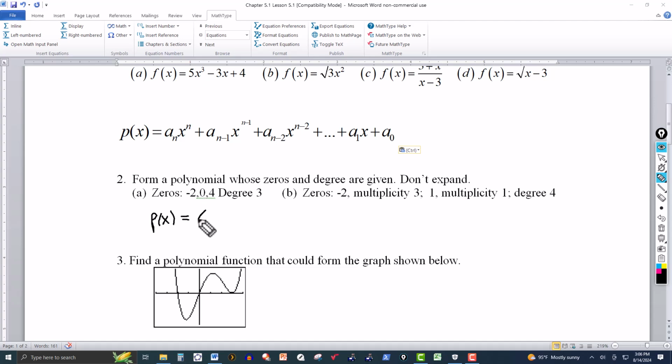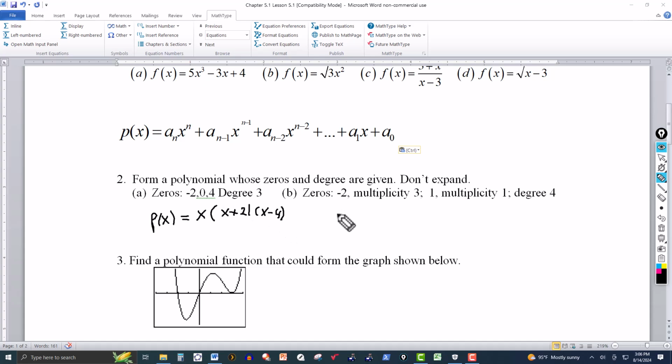Well, x minus 0 is x, so that would be one factor. -2 is a 0, so x minus that has to be a factor. That would give me x plus 2. 4 is a 0, so x minus 4 has to be a factor. You got that? And then you could multiply it out, but this one says don't expand, so we just leave it as x, x plus 2, and x minus 4. That would be the answer to that one.